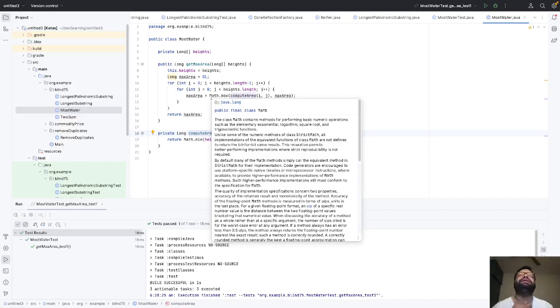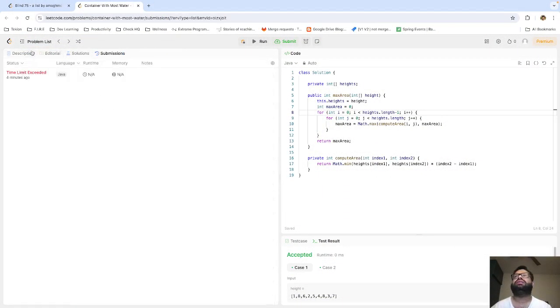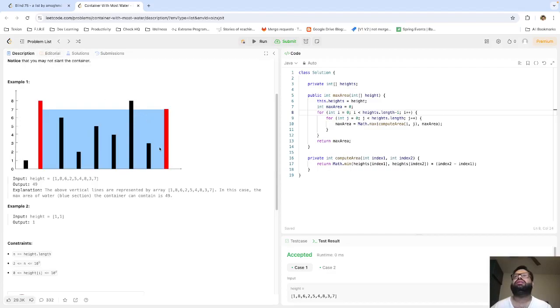Go greedy. We'll move in the direction of whichever has greater height. Right. Yep. If we go greedy, if these two, we would start looking at this and this.